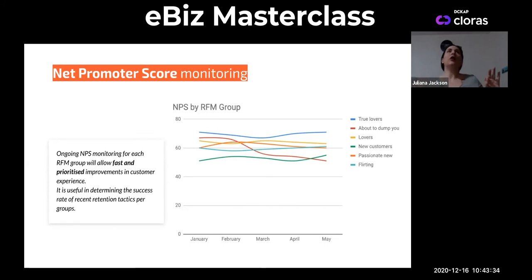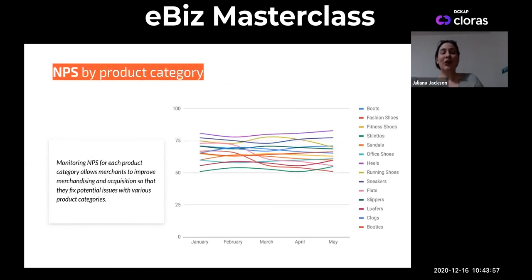It's also great to do NPS on segments, because when you have different personalization actions or different communications via email marketing, if you understand their voice and their needs, and you also know how they buy, you are obviously going to be able to provide a much better experience to these groups.